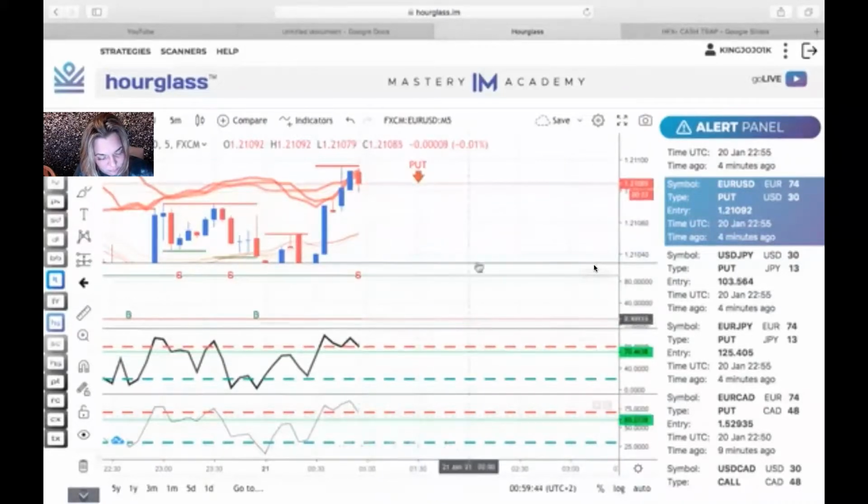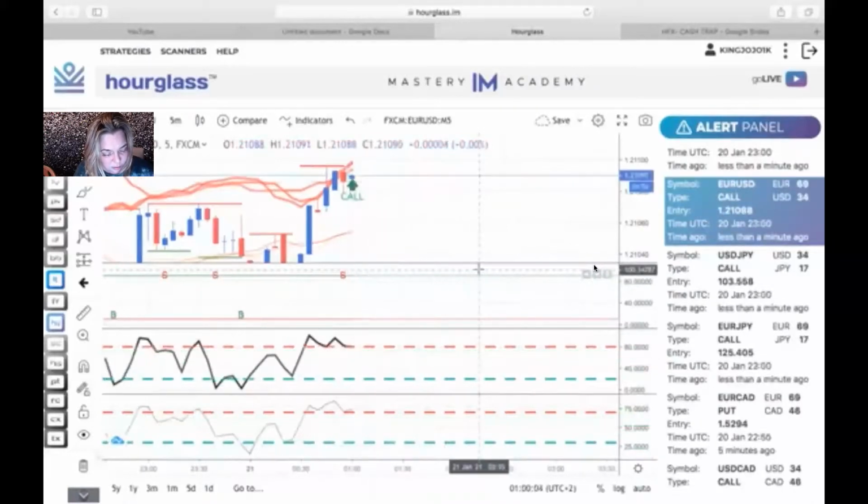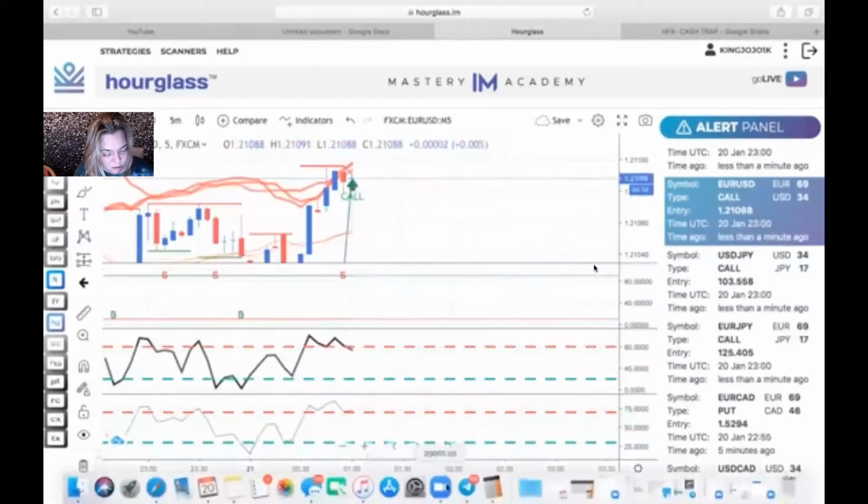If you were in this trade, you probably wouldn't have cleared if you hopped in too early. We always want to hop in close to the beginning of the next candle, but you want to wait till these cross. So let's see what's gonna happen next.